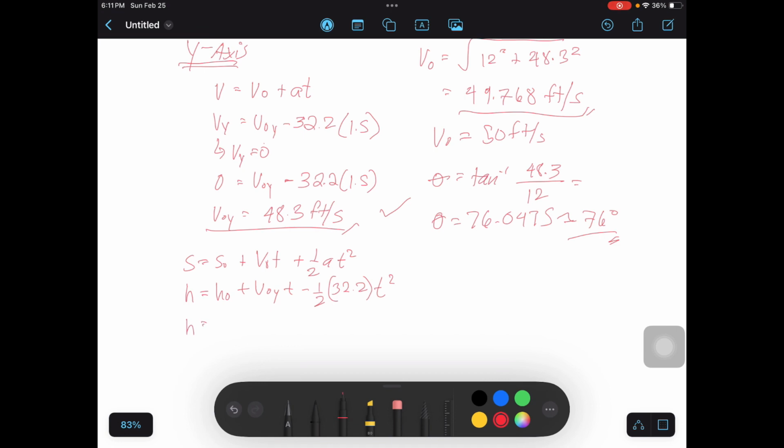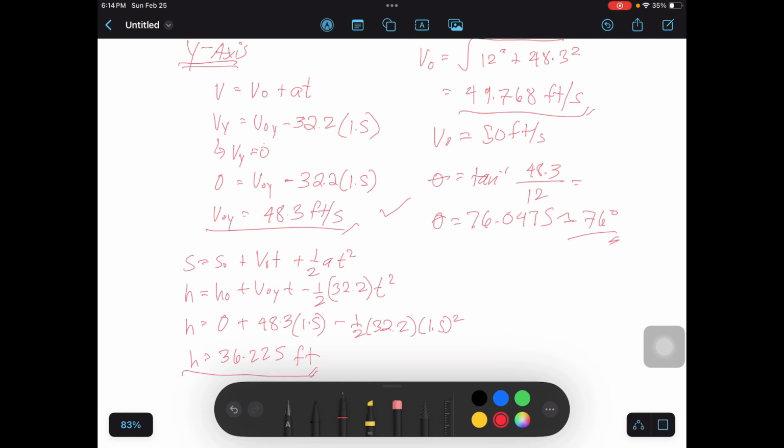Substitute. So, H yung hinahanap natin. H0 is 0. Then, meron na tayong V0y, which is 48.3 times 1.5 seconds minus 1/2 ng 32.2 and 1.5 squared. So, our H is equal to 36.225 feet.